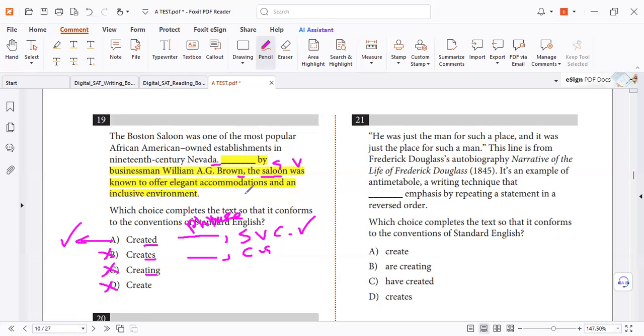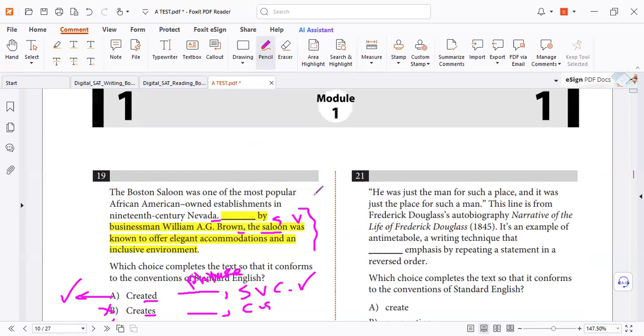This is the modifier chapter, very important. As I told you, any phrase at the beginning, prepositional phrase, present participle, past participle, appositive phrase, any phrase, comma, complete sentence, full stop, correct. The phrase can also be at the end: complete sentence, phrase, full stop.